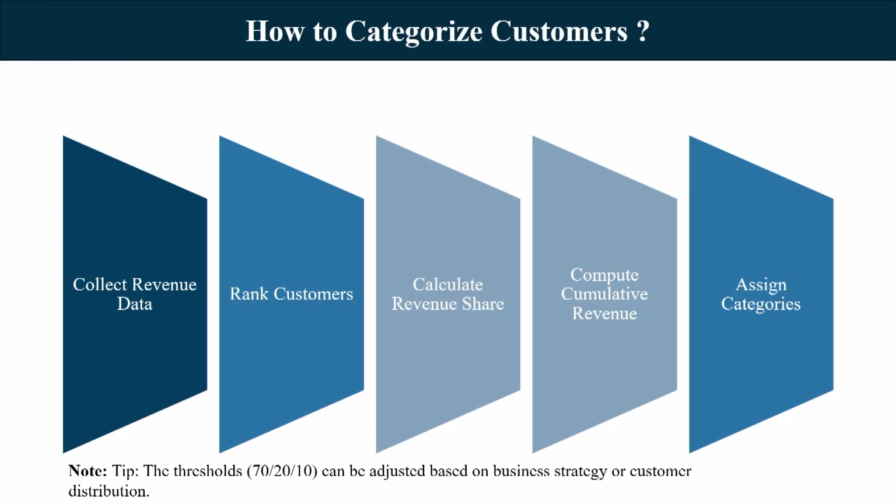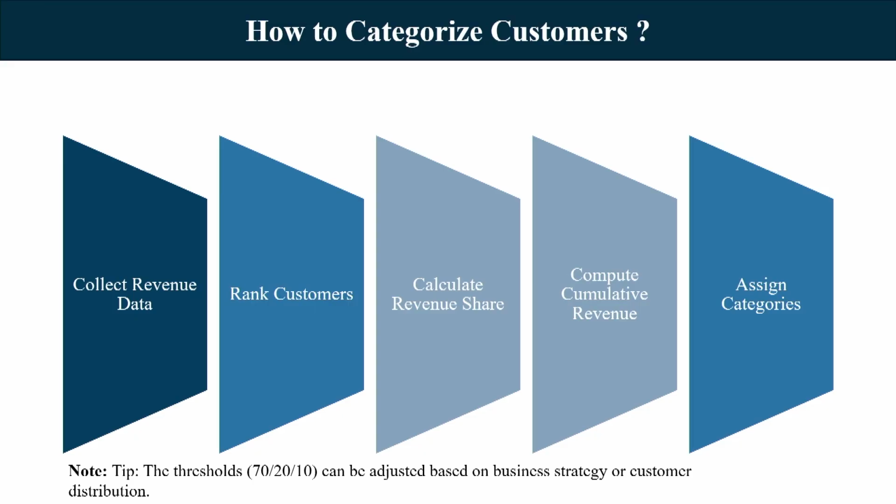Now, let us try to understand how to categorize the customers, how to do the segmentation based on the value that is created by the customers for the business. What we have to do? First thing that we have to do is collect the revenue data. Once the revenue data is collected, then we have to rank the customers based on the value contribution. Keep cumulatively calculating the revenue share or the profit share, and then compute the cumulative revenue.